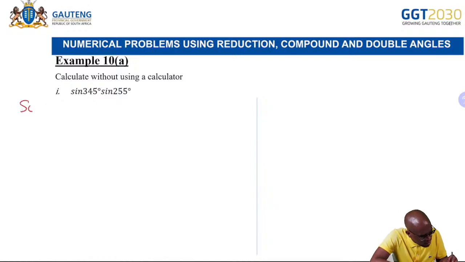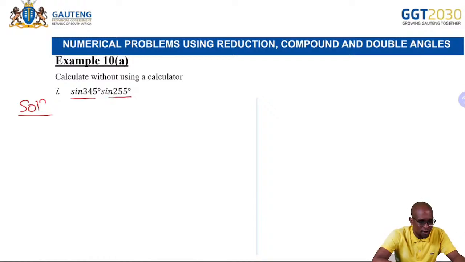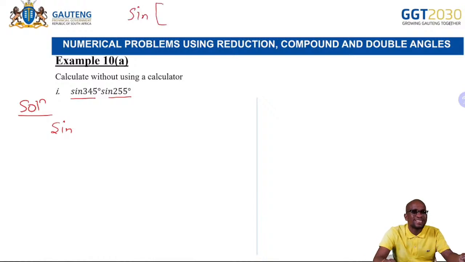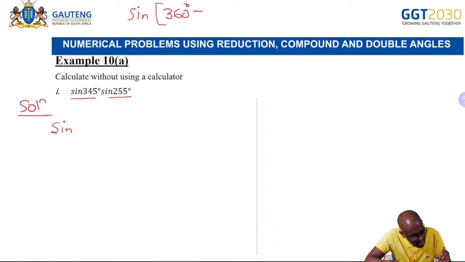With this one, what we need to check is sine 345, sine 255. So here, this should be the sine of 345. We check it's in the fourth quadrant. What is the instruction in the fourth quadrant? 360 minus.